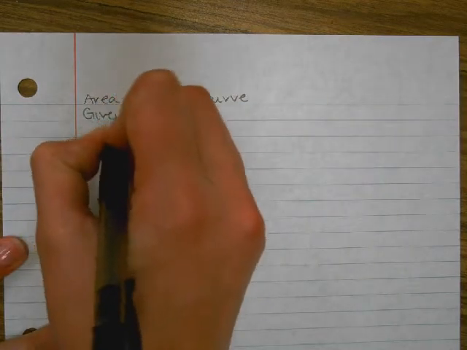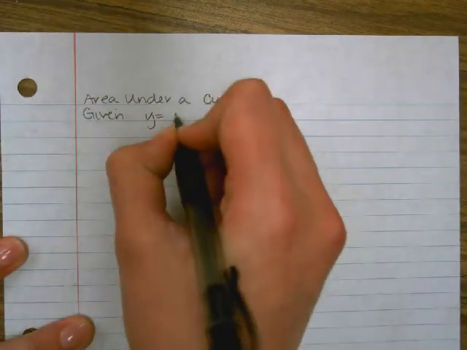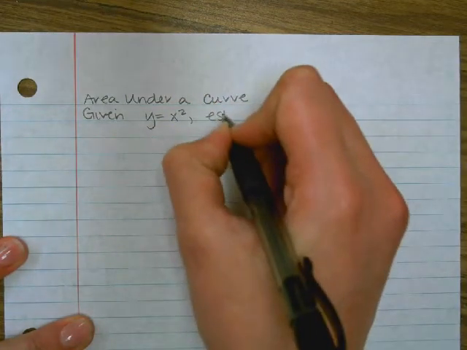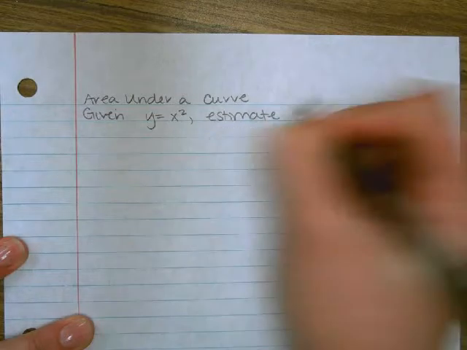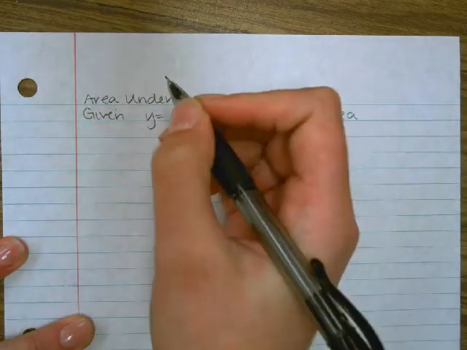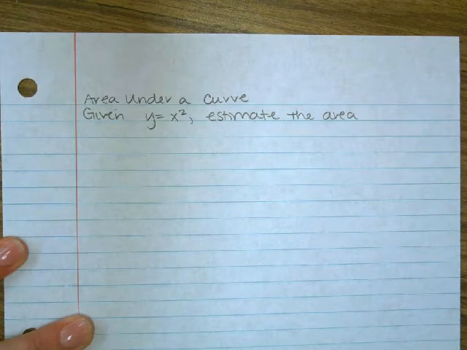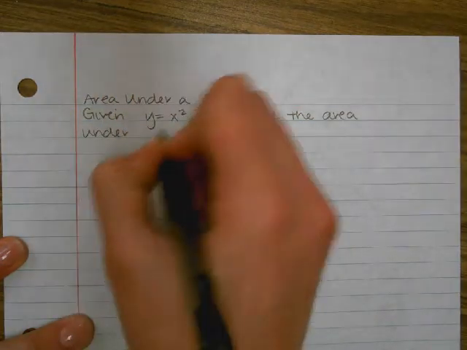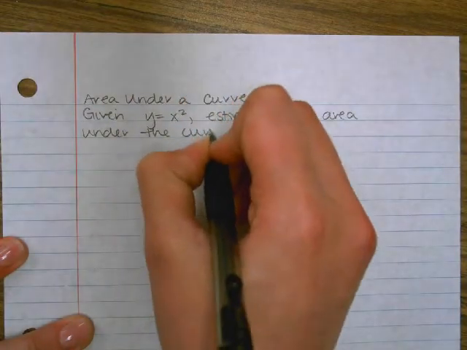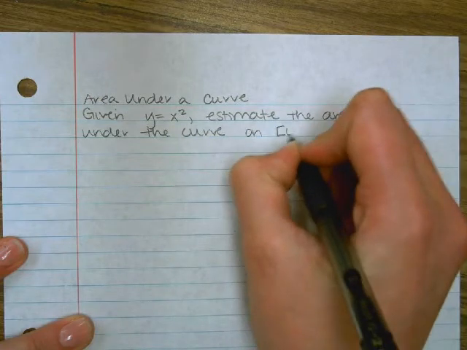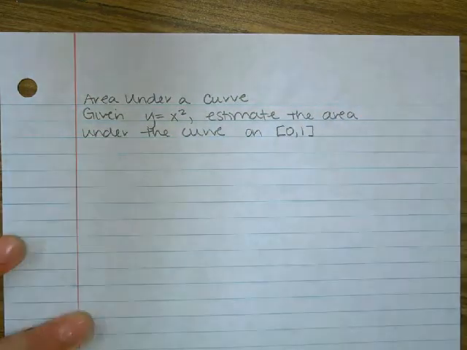So we're going to say, given the equation y equals x squared, we want to estimate the area under the curve on the interval from 0 to 1.